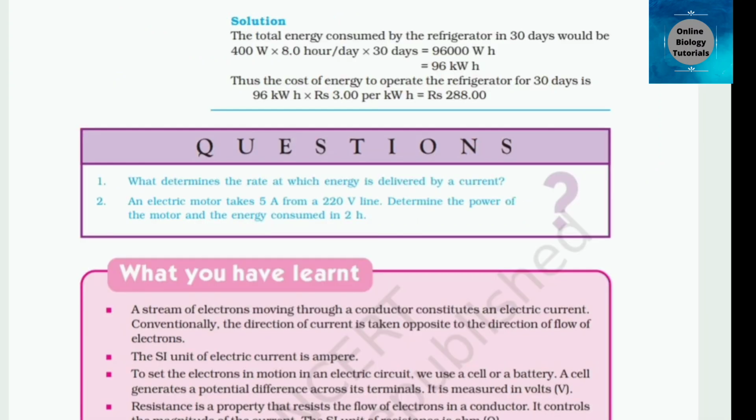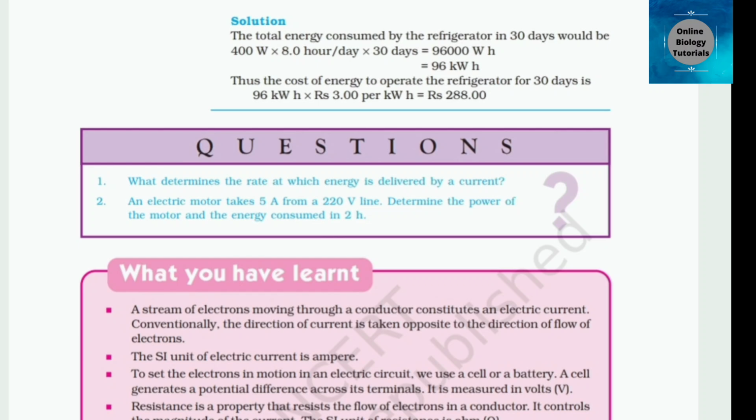The total energy consumed by the refrigerator in 30 days would be 400 W × 8 hours per day × 30 days = 96,000 Wh or 96 kWh. Thus, the cost of energy to operate the refrigerator for 30 days is 96 kilowatt hour × rupees 3 per kWh = rupees 288.